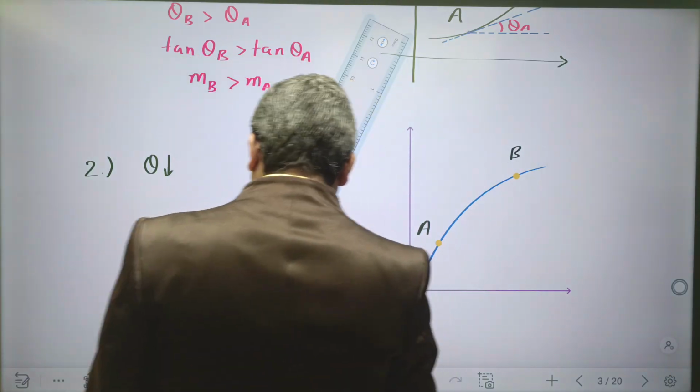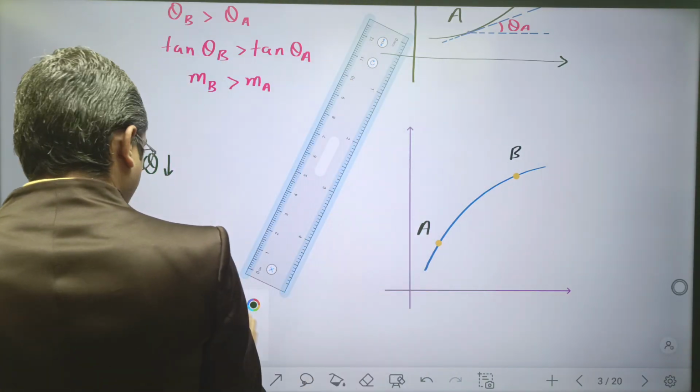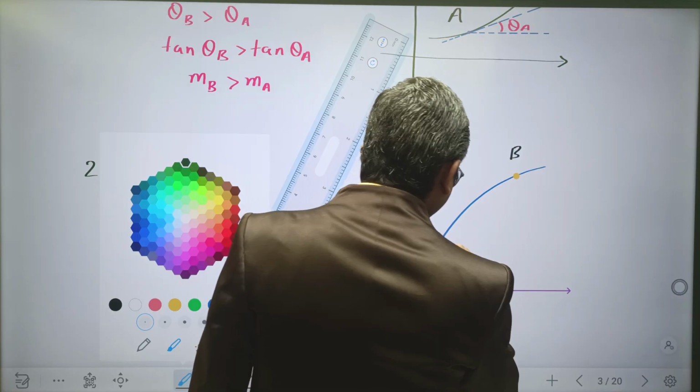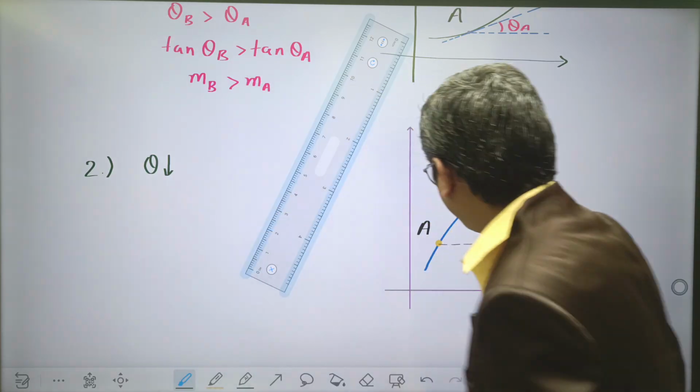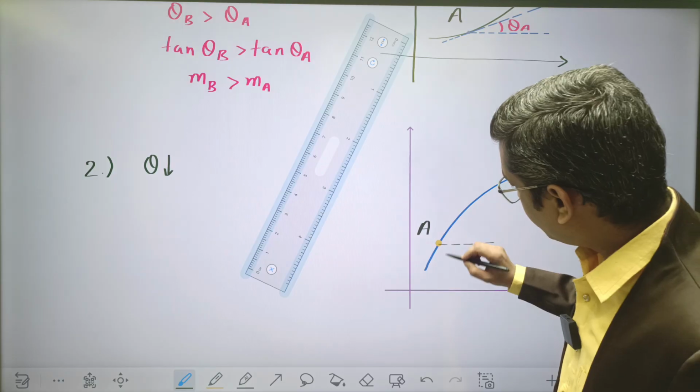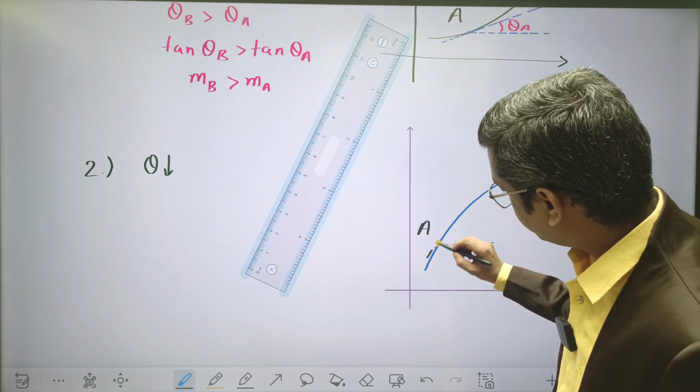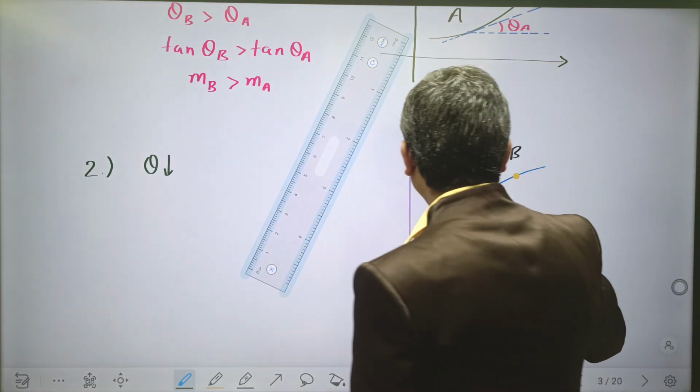So I am drawing it freehand. So this is a line parallel to the x-axis, and if you observe, the tangent goes like this. This is the tangent.